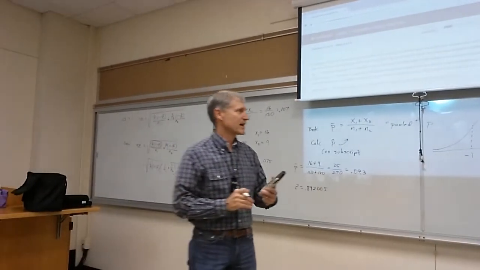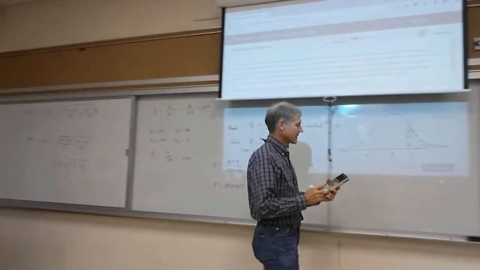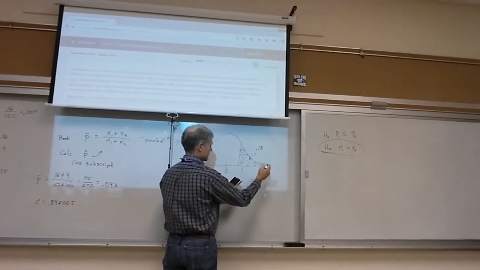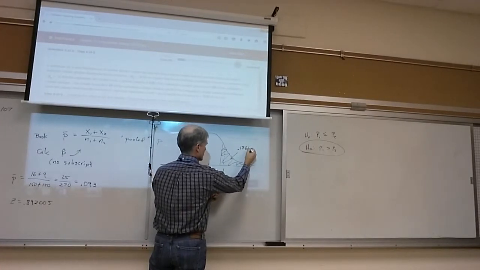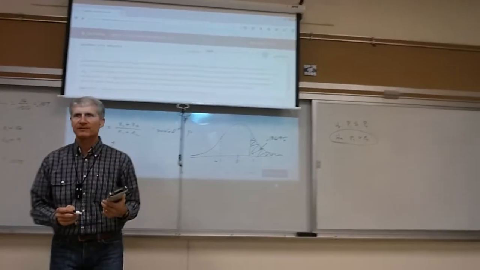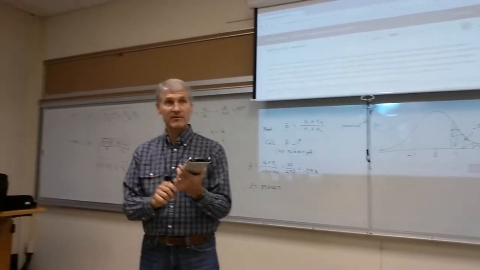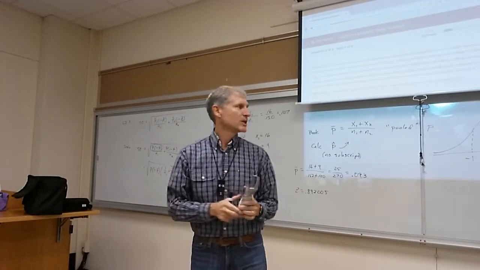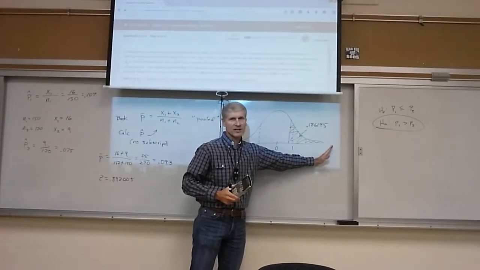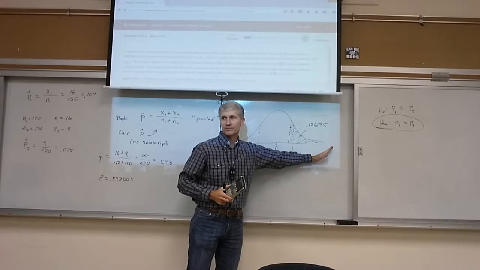But look at the p-value. This shaded area is 0.186195. And that's the p-value. Remember what a p-value is. It's the probability you could get sample data like you got, or even more extreme, if the null is true.